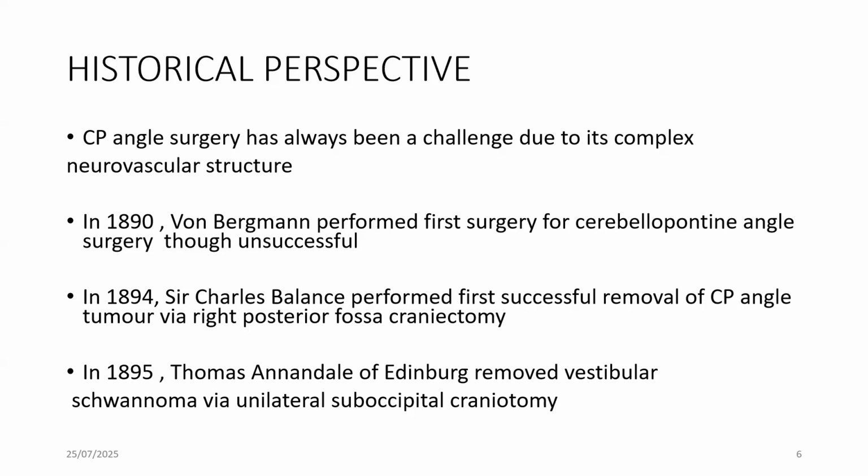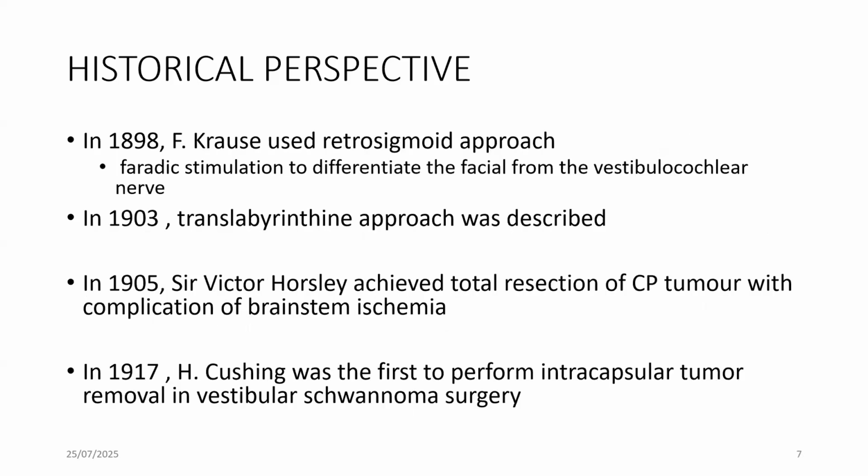This was achieved through a right posterior fossa craniectomy. In 1895, Thomas Annandale of Edinburgh removed a vestibular schwannoma via a unilateral suboccipital craniotomy. In 1898, F. Cross was forced to use the retrosigmoid approach, and he employed Faraday stimulation to differentiate the facial nerve from the cochlear nerve.